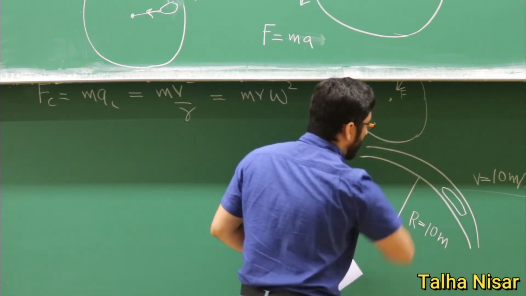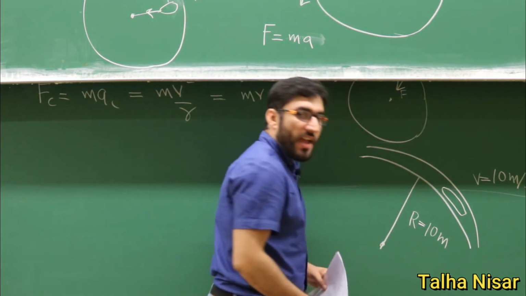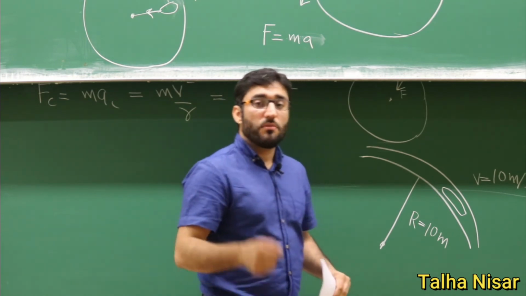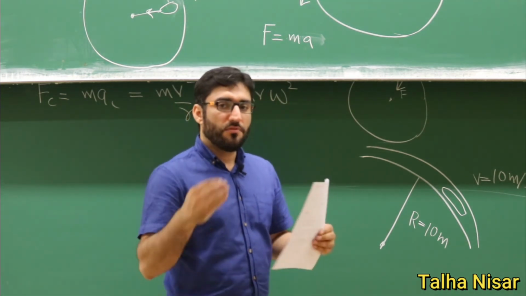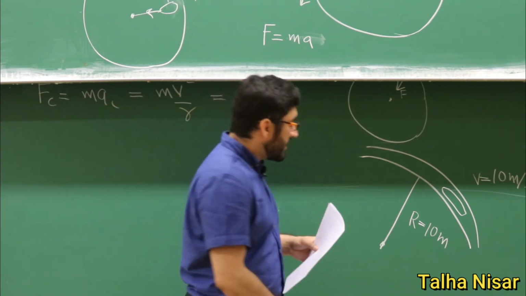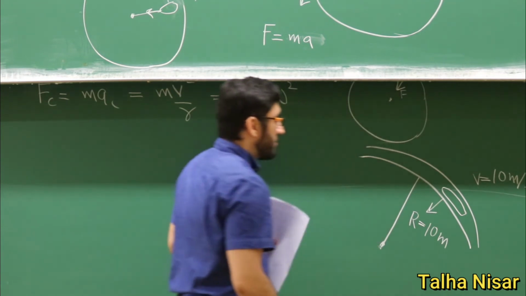Because the tangential velocity is changing, this force actually comes from the tires, that is the frictional force. The frictional force is causing this centripetal force, which is in the direction of the center.